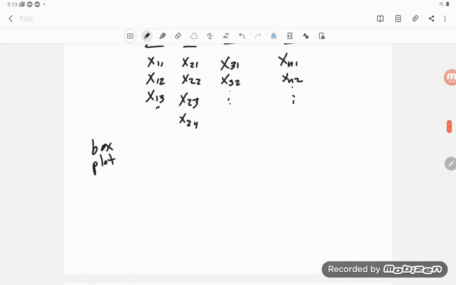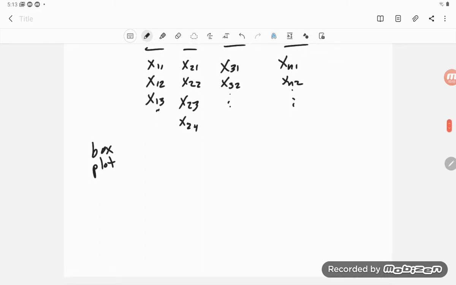That box plot is just a 5-number summary. It will have the minimum, the maximum, and the median. So there's the median, here's the max, here's the min, and then remember we had the interquartile range, and that is what is going on from here to here.